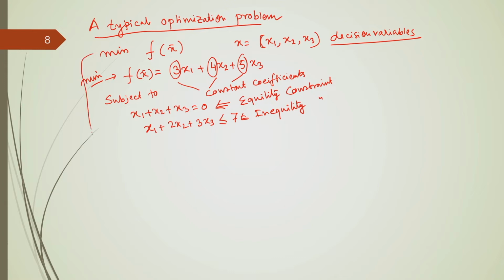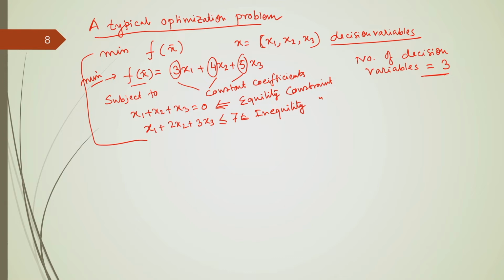So, this is a typical example of an optimization problem having 3 variables. This is a 3 dimensional optimization problem. The number of decision variables is equal to 3. The optimization objective is minimization of f(x) equal to 3x1 plus 4x2 plus 5x3, where 3, 4, 5 are constant coefficients.